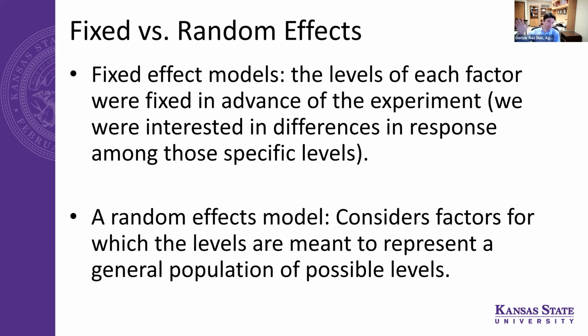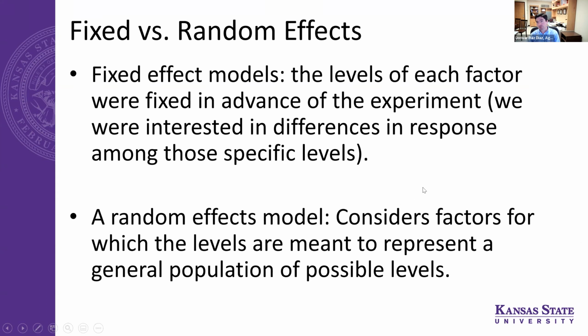If I'm going to the next county and saying that result may not be valid. Ultimately, what we want is to be able to project and take these results to a wider range, and obviously be useful for farmers. So that's why I like to use random effects as much as possible in some of the models.